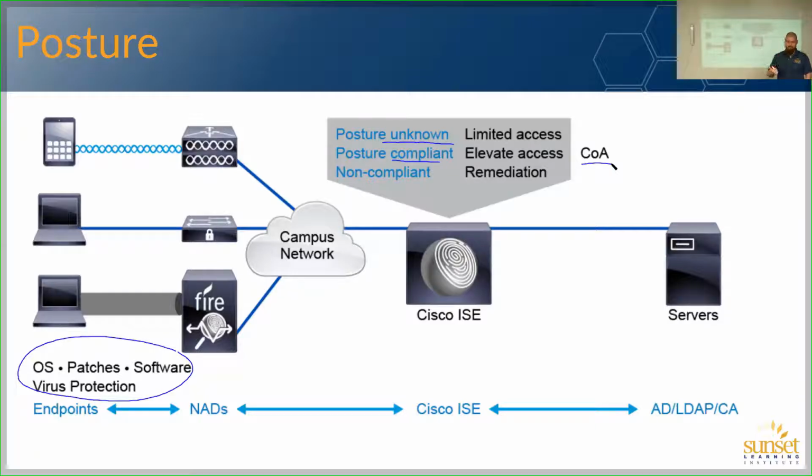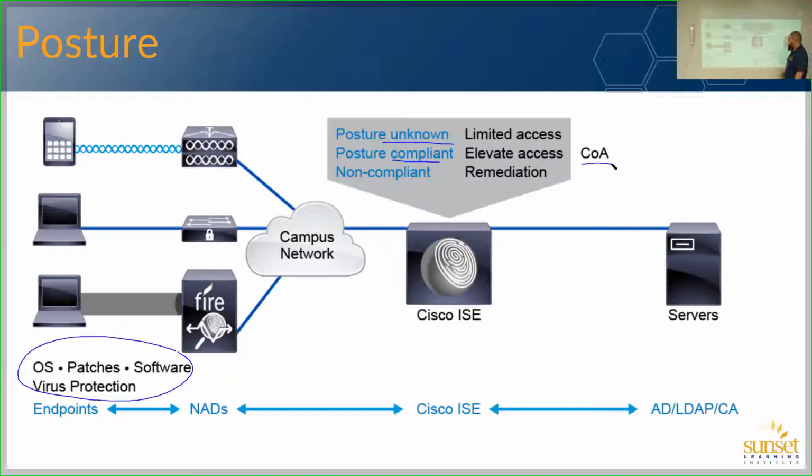We're changing the VLAN, we're changing the ACL, we're changing the scalable group tag, TrustSec, absolutely. So we don't have to drop the connection most of the time. There's always an exception, but you are updating the initial authorization to whatever level it should have.